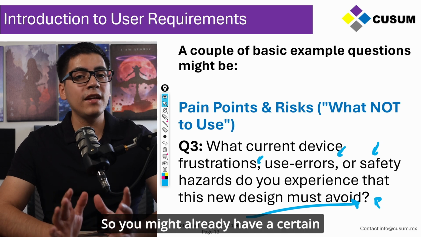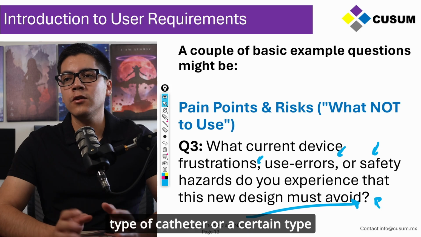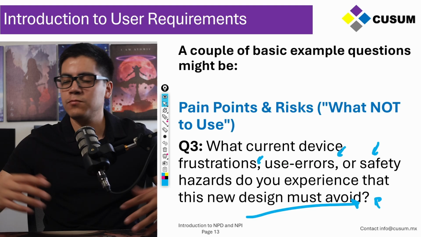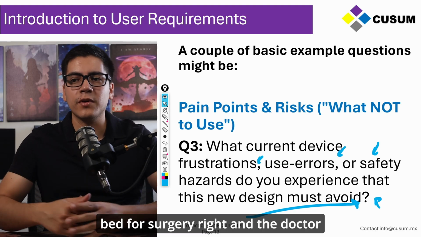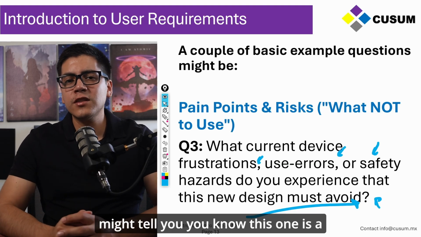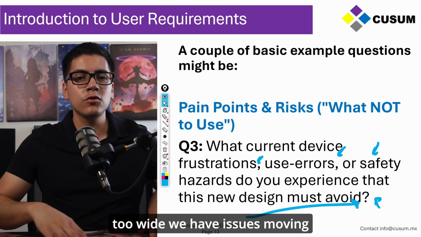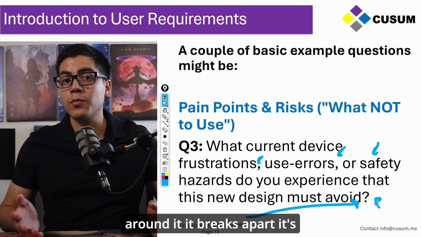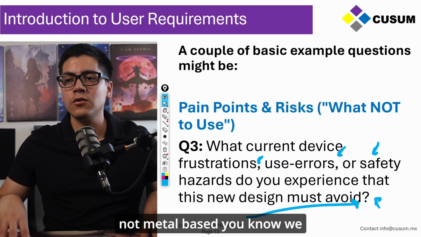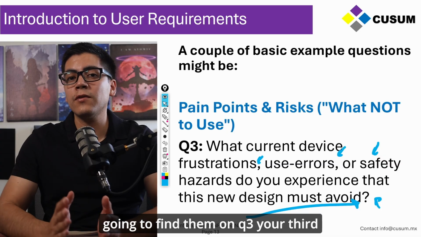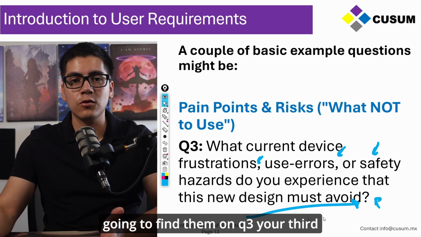So you might already have a certain type of catheter or a certain type of scalpel or a certain type of bed for surgery, right? And the doctor might tell you, this one is a little bit too tall, it's a little bit too wide, we have issues moving around it, it breaks apart, it's not metal based, we have sterilization concerns. So those types of questions, you're going to find them on Q3, your third question.